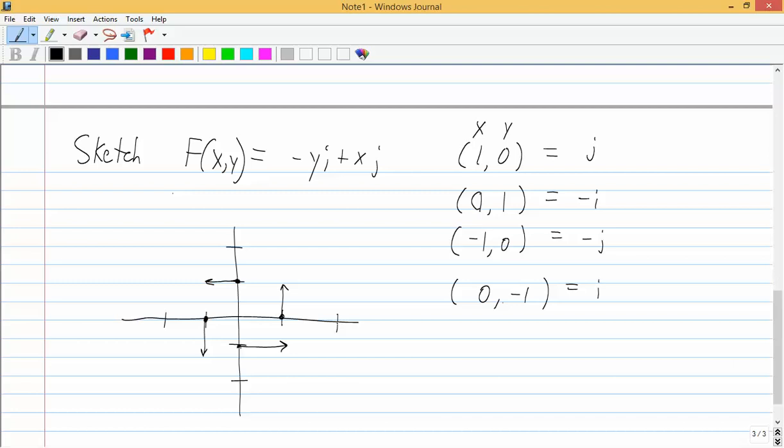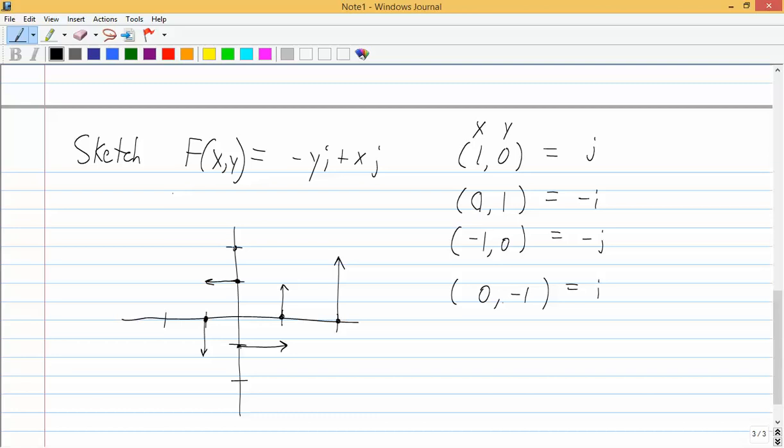We could go out here at 2, 0. Of course, the length would be a little longer, but it would go in the same direction, right? 2, 0, the magnitude would be the square root of 4, which is 2, so it would be 2 units long.